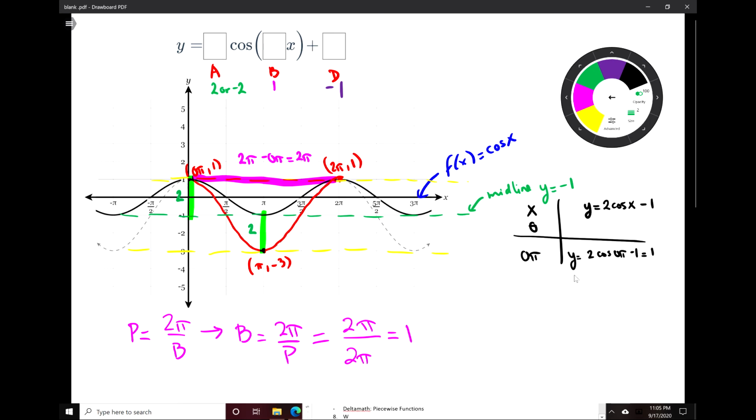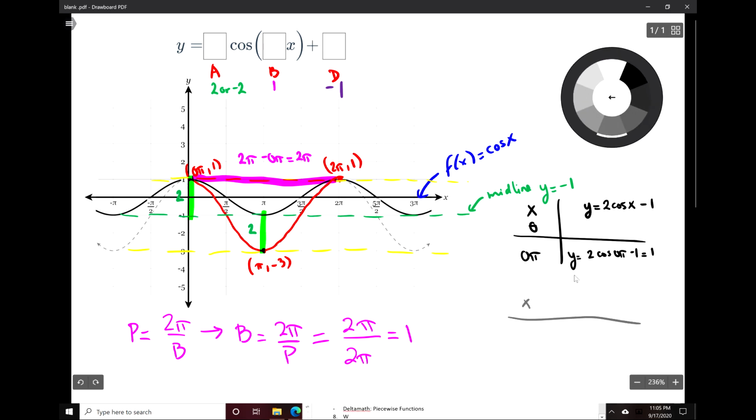I will show you the way to double check it based on your knowledge first before we go with the shortcut. Now next we try y equals -2 cosine x minus 1. I still pick 0 pi, and then I have y equals -2 cosine 0 pi minus 1, and it gives me -3.